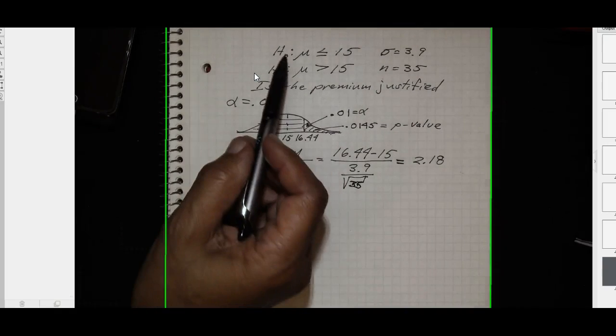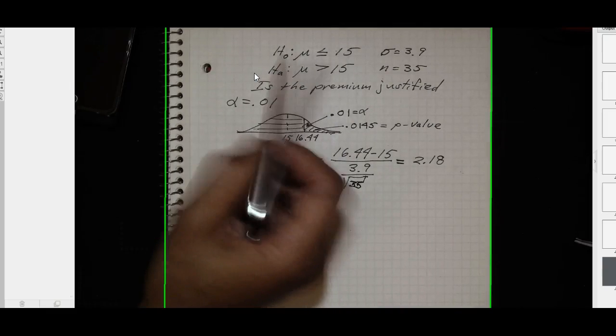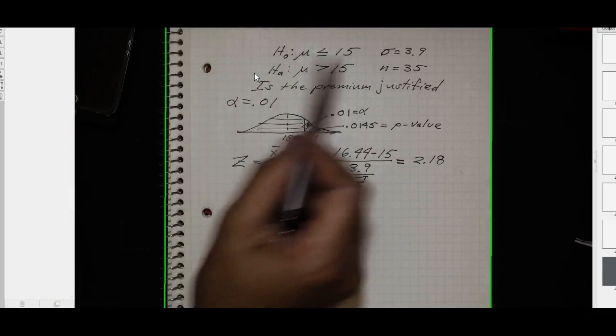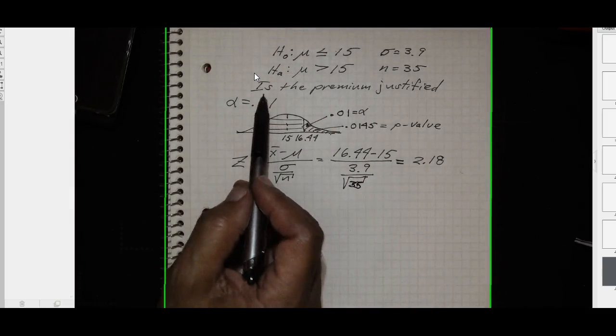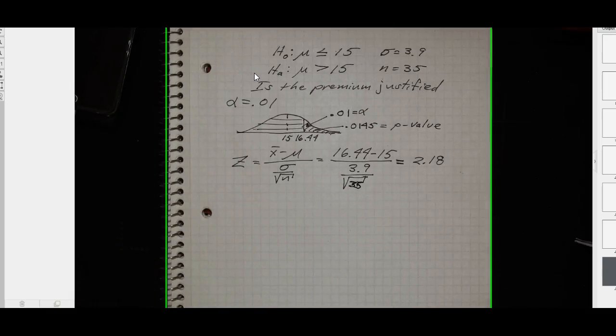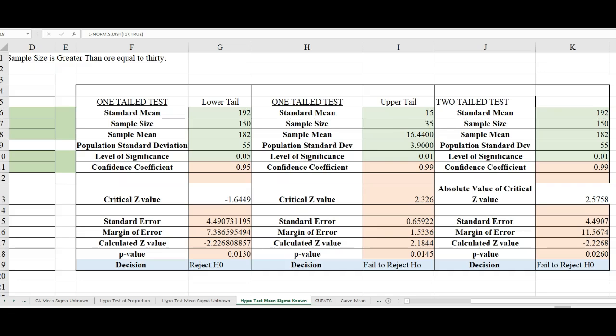Therefore, I fail to reject the null hypothesis. And because I cannot reject the null hypothesis, I cannot justify using that premium charge for this client, which is why the decision is to fail to reject H sub 0.